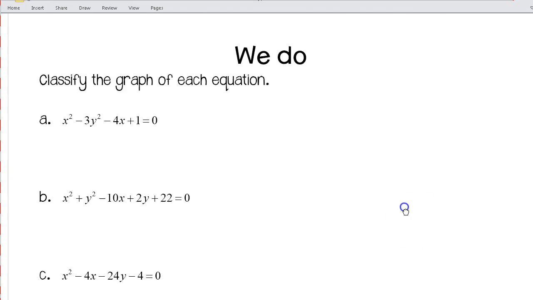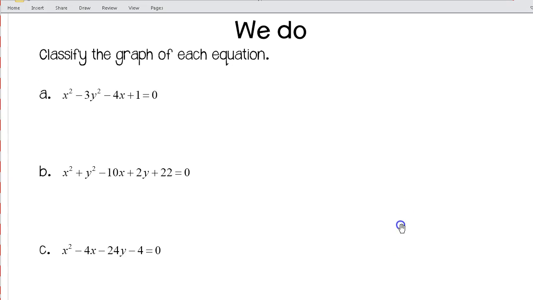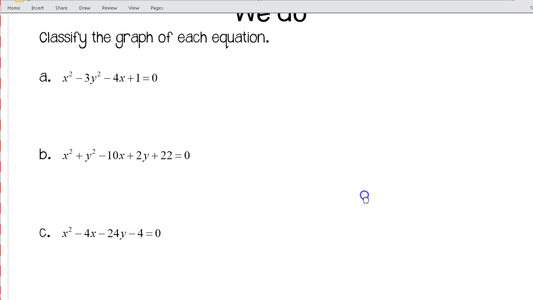So let's go ahead and work on these 4 problems here. For the first one, A is equal to 1. That's my coefficient of my x squared. And C is equal to negative 3. I have 2 squared variables, so I know it's going to have to be either a circle, ellipse, or hyperbola.